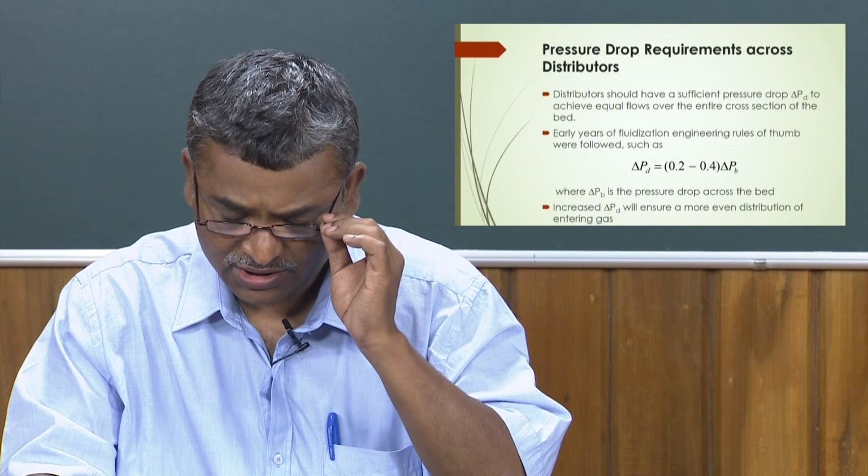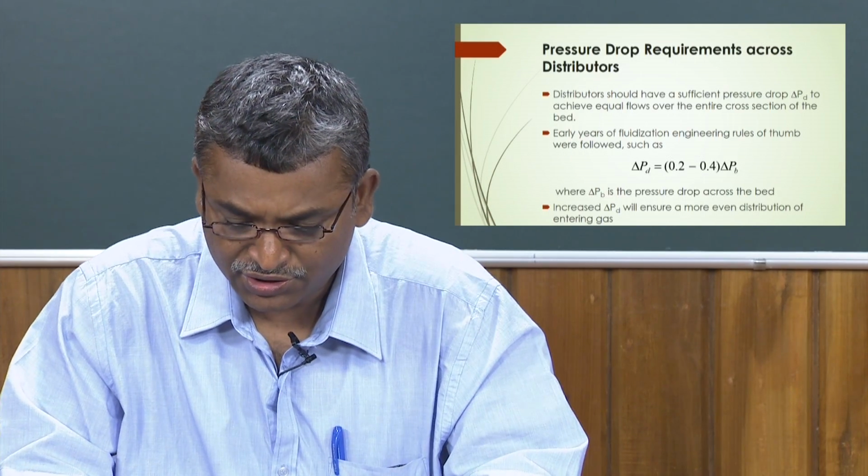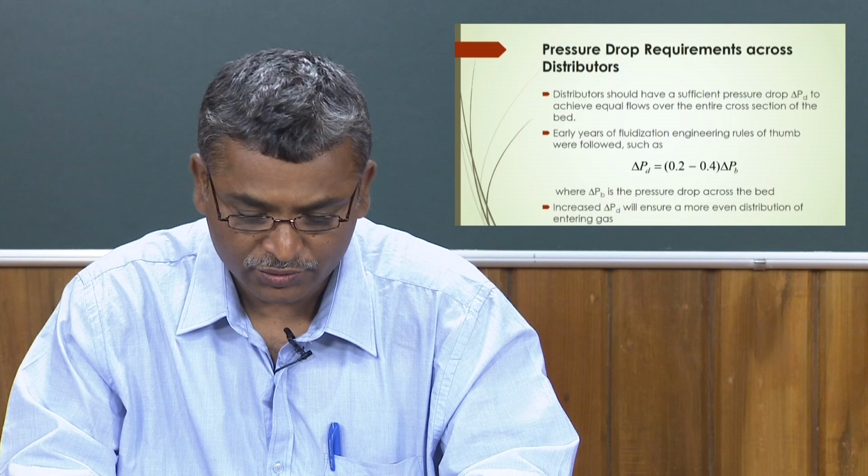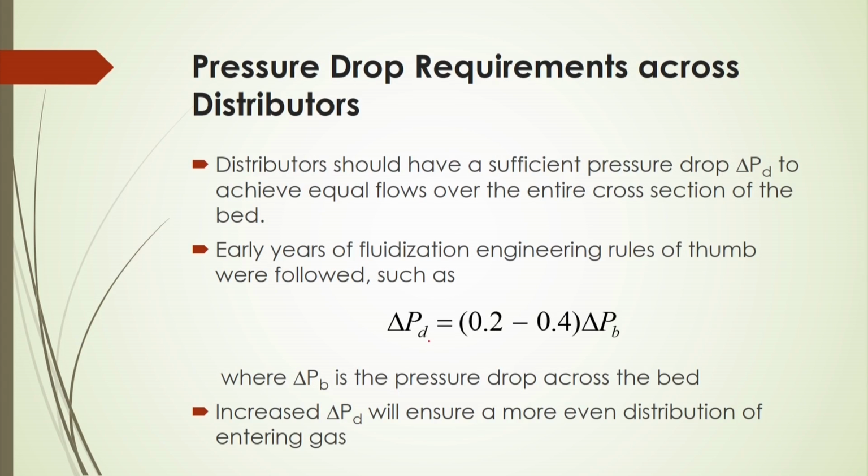In the early years of fluidization, engineering rules of thumb were followed to design the distributor, such that the distributor pressure drop should be within the range of 0.2 to 0.4 times the bed pressure drop, where delta Pb is the pressure drop across the bed, and delta Pd is the pressure drop across the distributor.